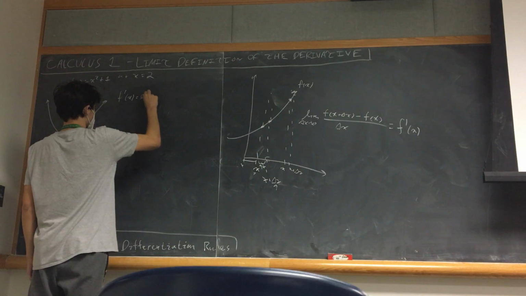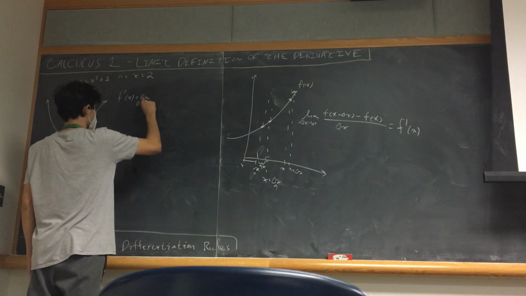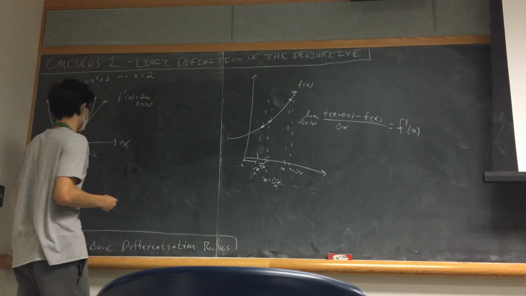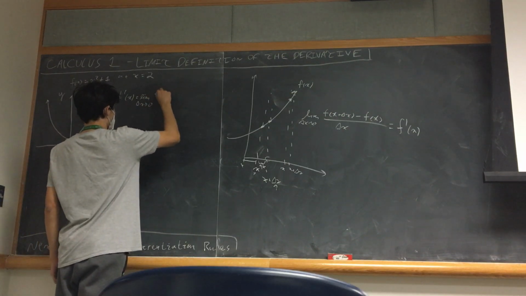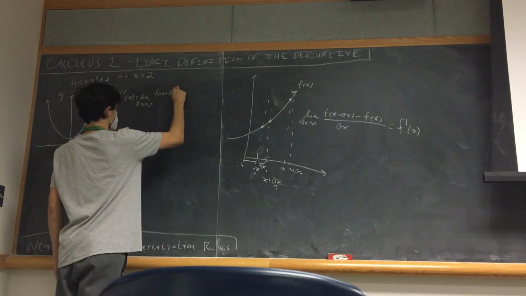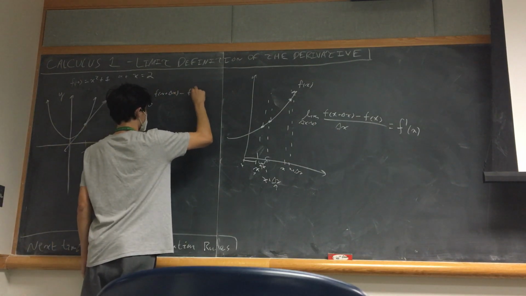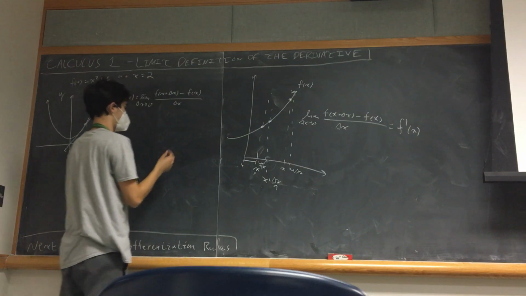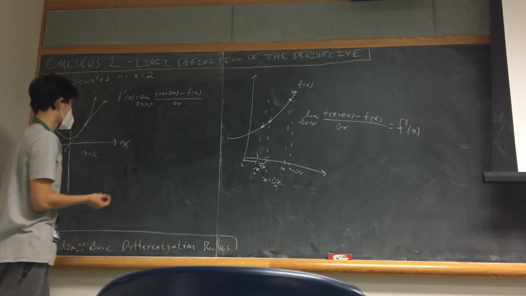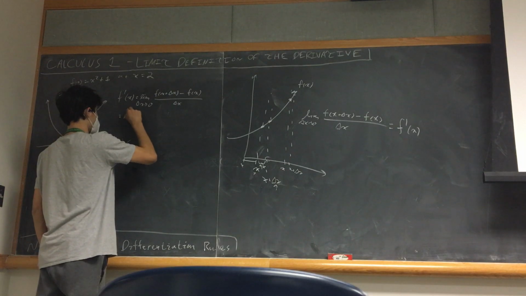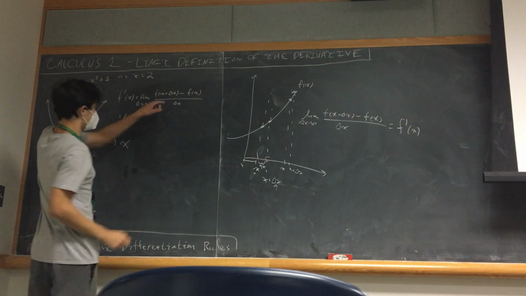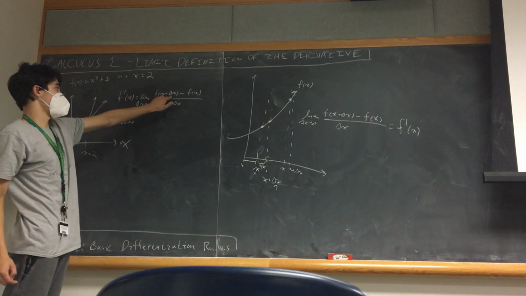We know that to be the limit as delta x approaches 0 of f of x plus delta x minus f of x over delta x. So this becomes the limit as delta x approaches 0 and f of x plus delta x.